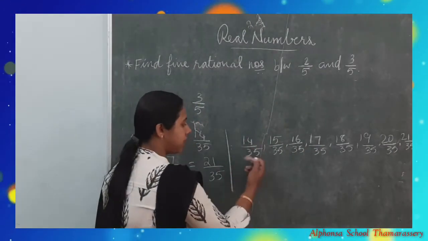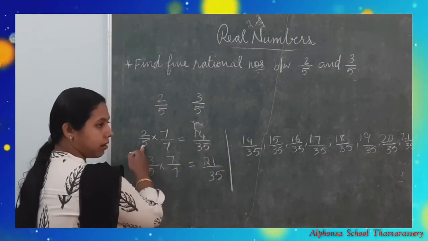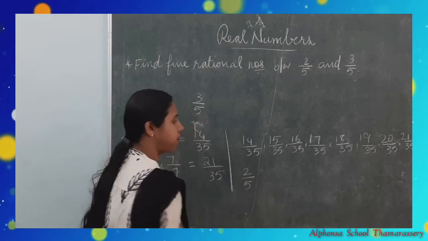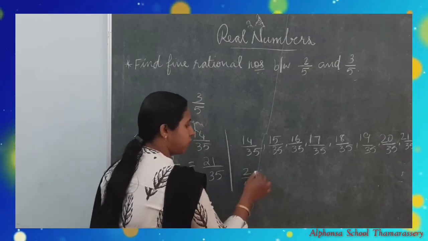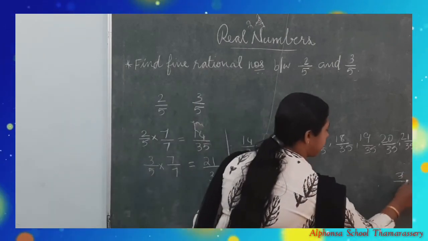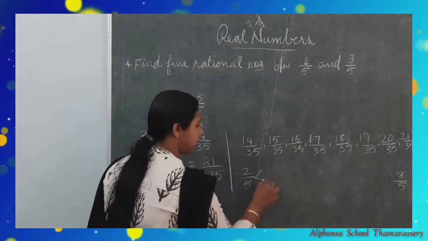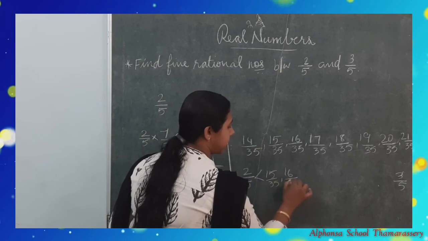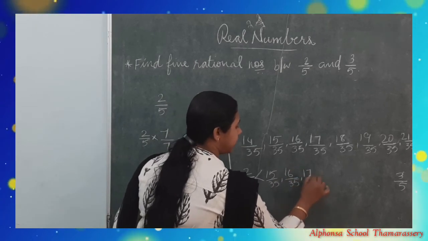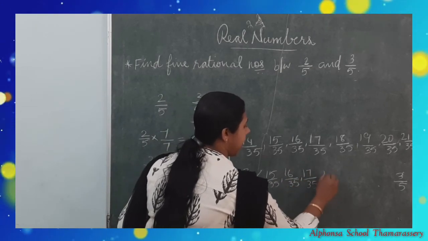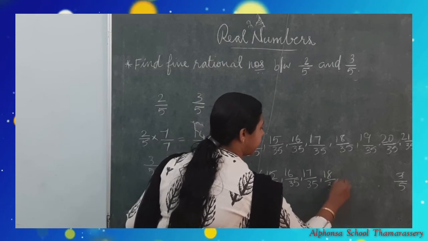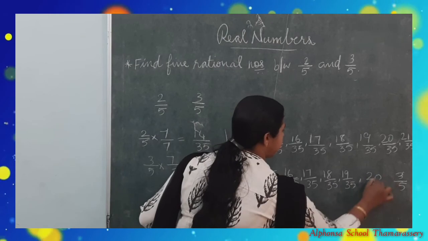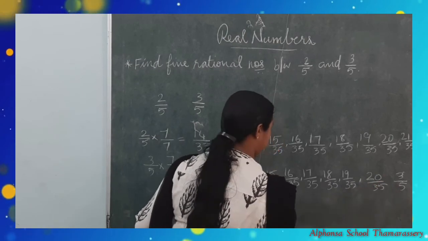So 14 by 35 is the equivalent fraction of 2 by 5. So we can write the answer like this: between 2 by 5 and 3 by 5, the numbers 15 by 35, 16 by 35, 17 by 35, 18 by 35, 19 by 35, 20 by 35.